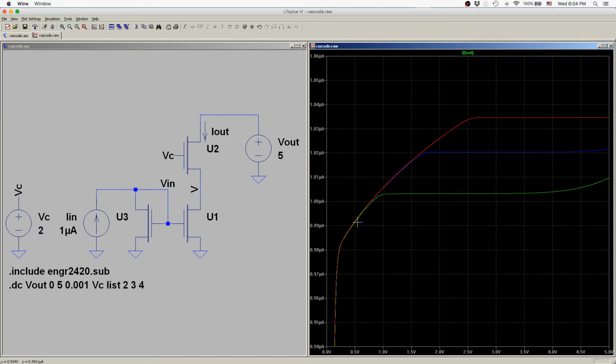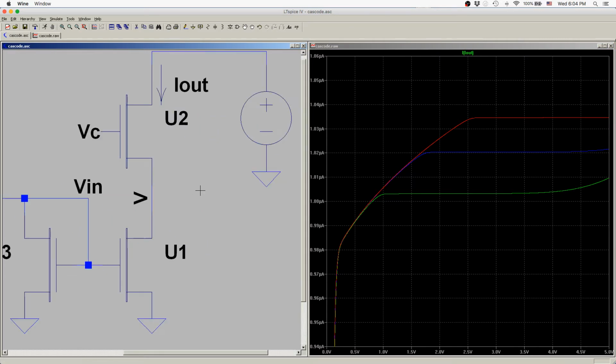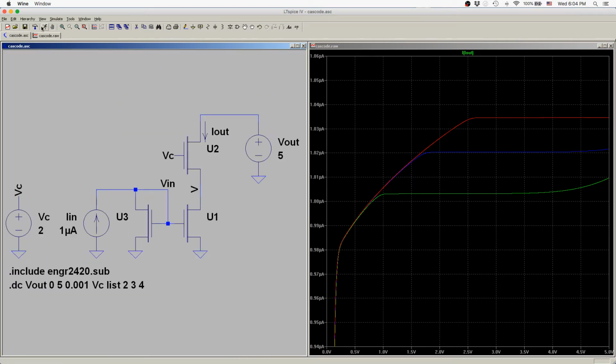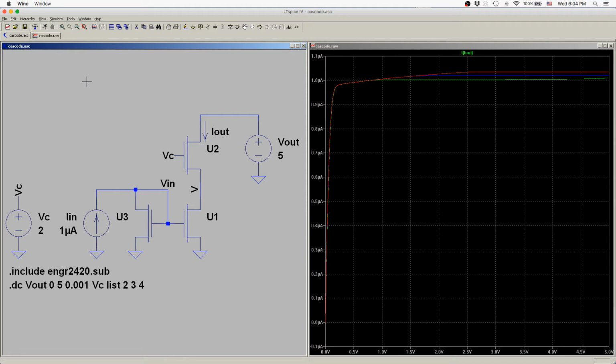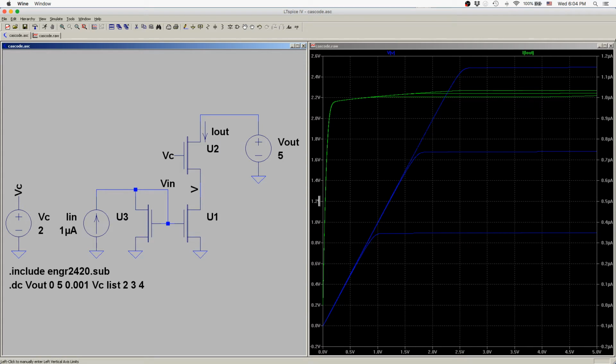So this is what happens when the drain voltage V of that bottom transistor is just being swept out as we sweep Vout. So if we were to look at the node voltage V, I would like to click on node V. We can see what V is doing, see what Vout is doing.